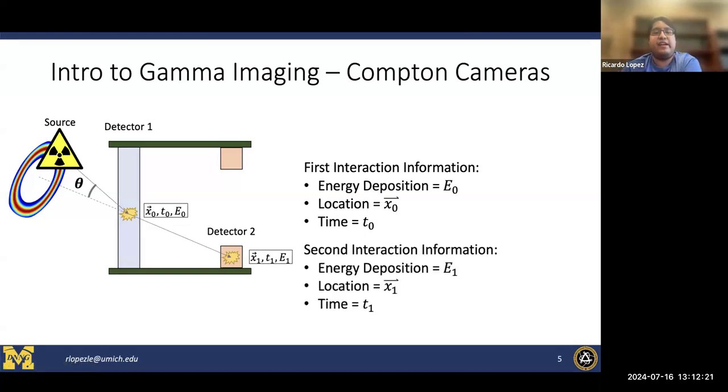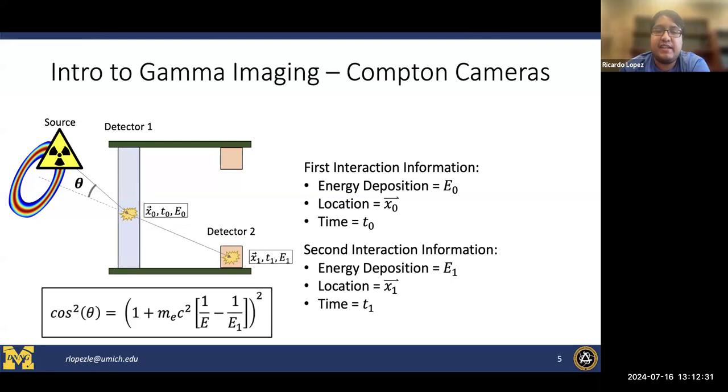The difference here is that for its second interaction, instead of undergoing another Compton scatter, we'd like it to undergo photoelectric absorption, such that if you add the two energies deposited between these two events, you should get the total gamma ray energy for that incident gamma ray.